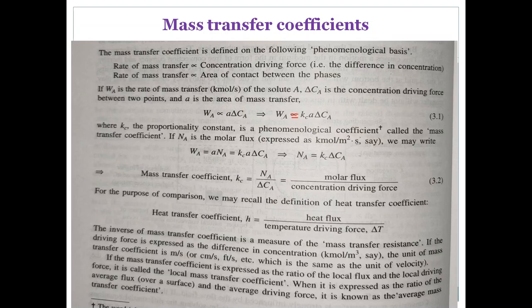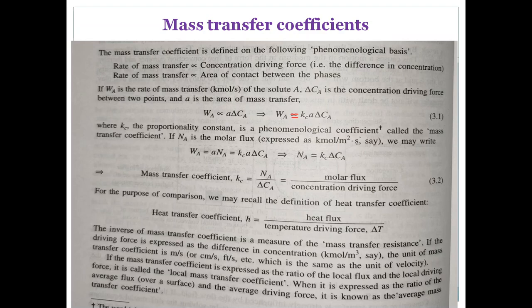Now, in case of your heat transfer course, you have only one heat transfer coefficient, because you have a single driving force, that was the delta T, temperature difference. Okay, but here you have already studied the different types of concentrations.